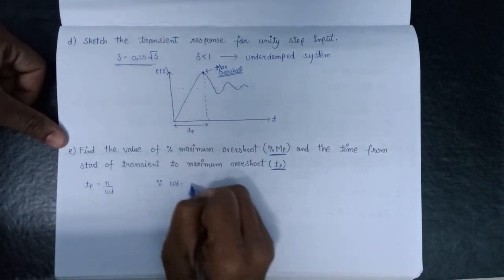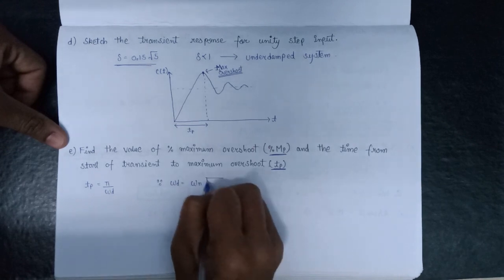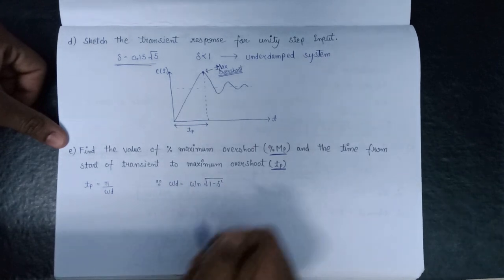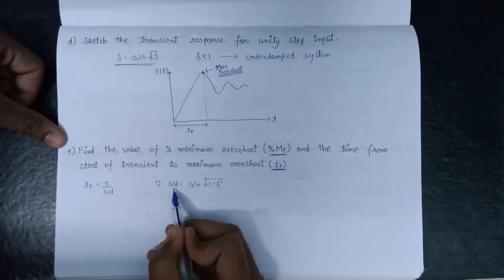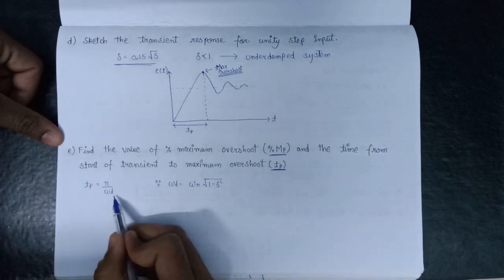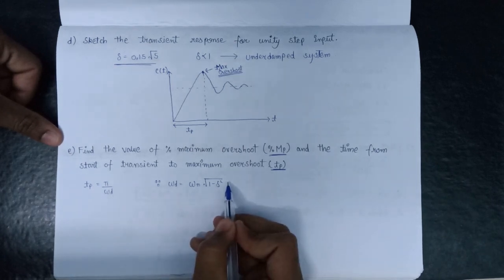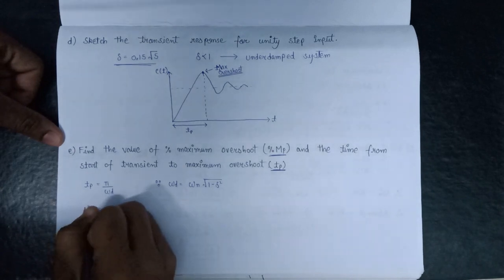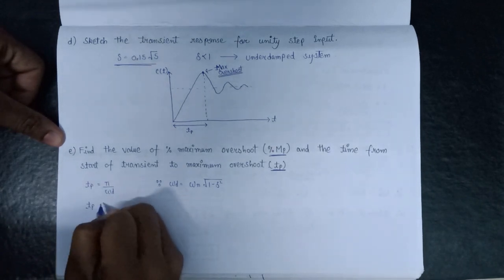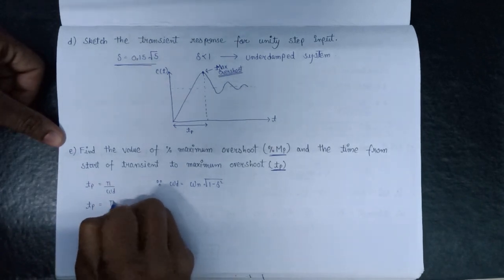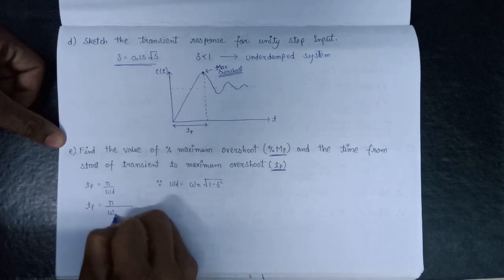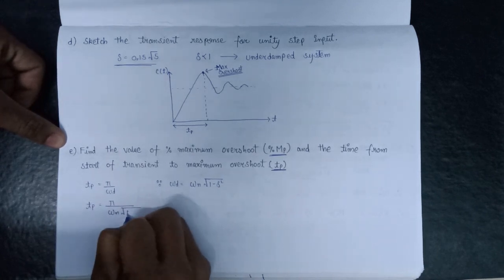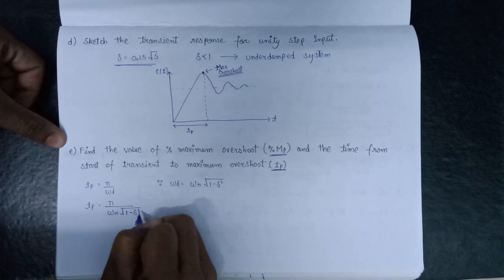Since TP is nothing but a peak time, is given as pi by omega d, and since we know that omega d is nothing but omega n under the root 1 minus del square, replacing omega d in this expression, we get Tp equals pi over omega n under the root 1 minus del square.